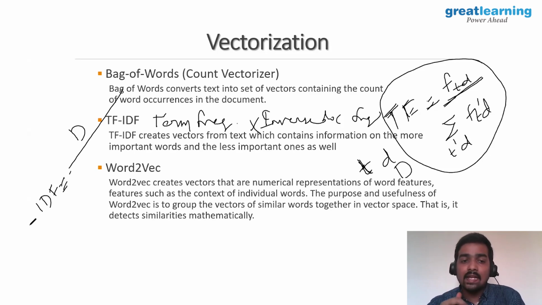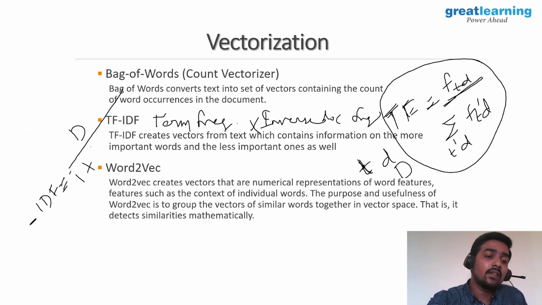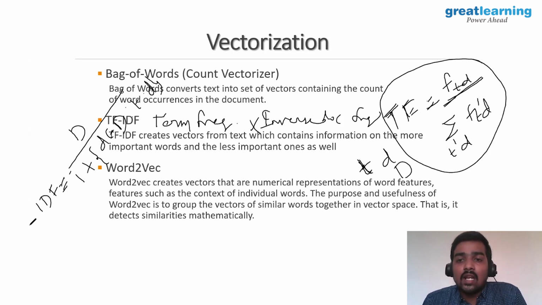Let's say D represents the number of documents in your corpus, divided by 1 plus the number of documents in which the term is occurring. Which means the total number of documents in the numerator, divided by the number of documents in which that term has appeared.